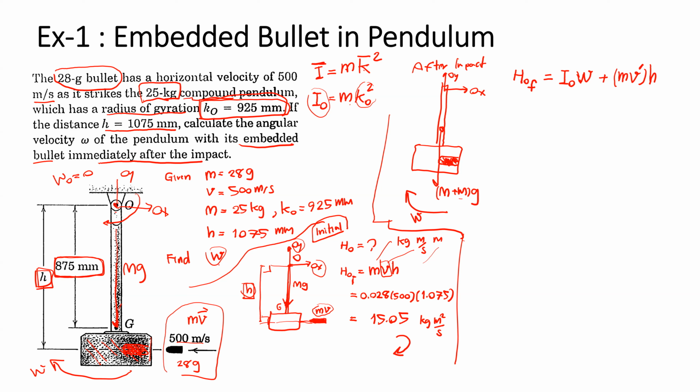What should be the relationship between the velocity after the impact and the omega? When the bullet is embedded in the pendulum, it's going to have the velocity v prime.